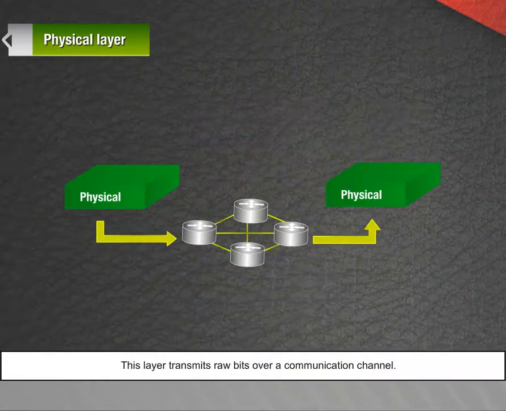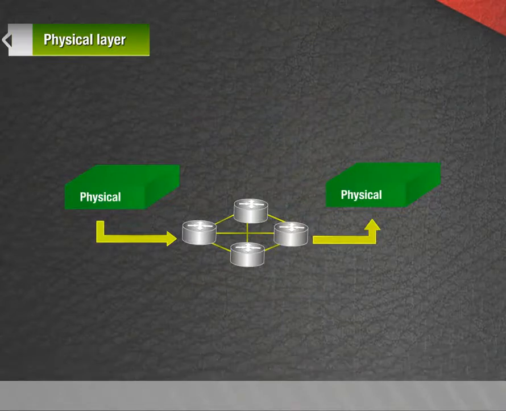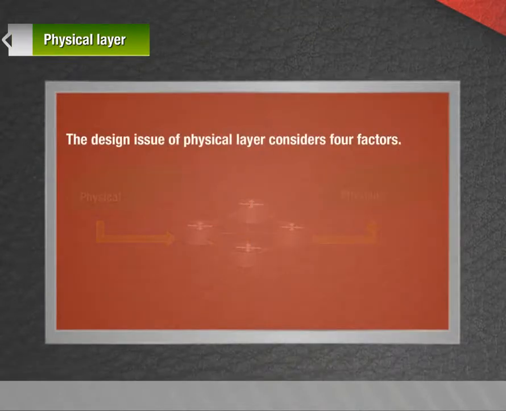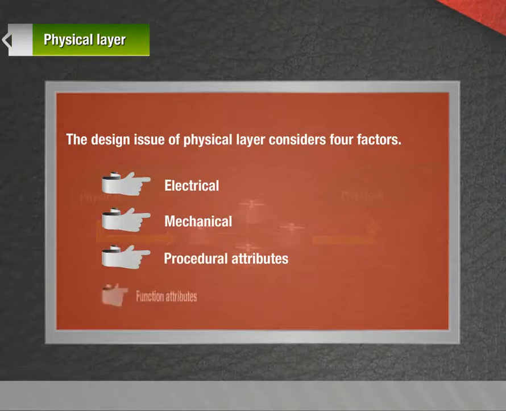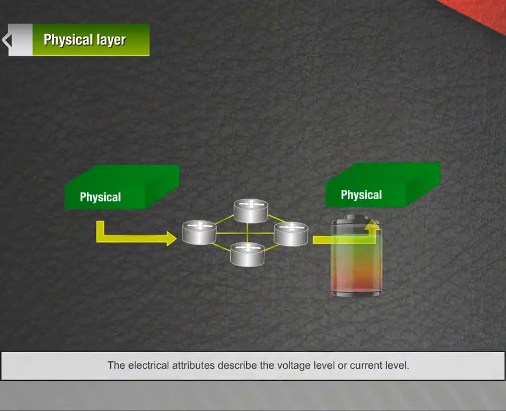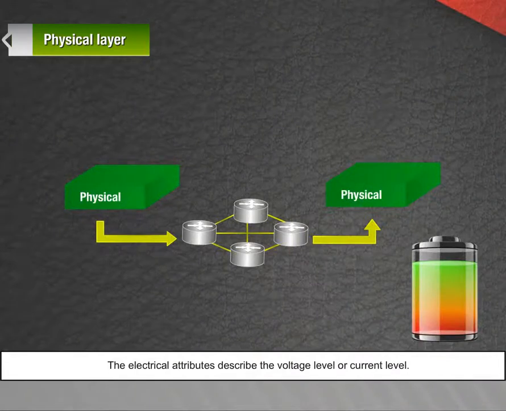This layer transmits raw bits over a communication channel. The design issue of the physical layer considers 4 factors: electrical, mechanical, procedural, and functional attributes. The electrical attributes describe the voltage level or current level.